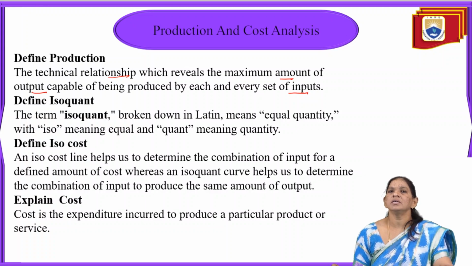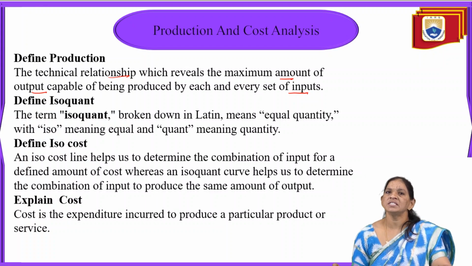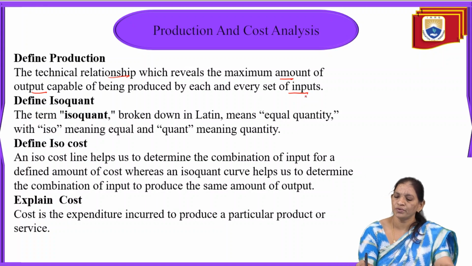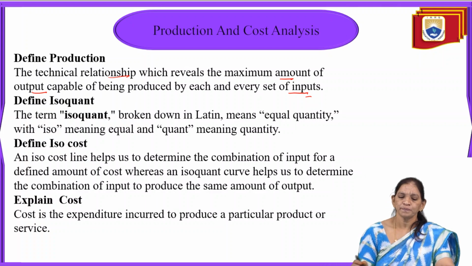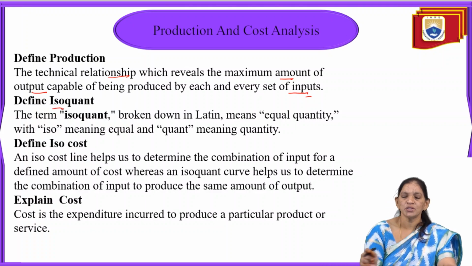As in production we take the inputs and give the output, the technical relation existing between input and output, relating to the maximum amount we derive, is defined as production.